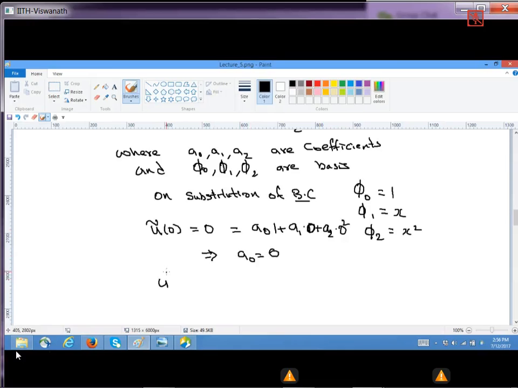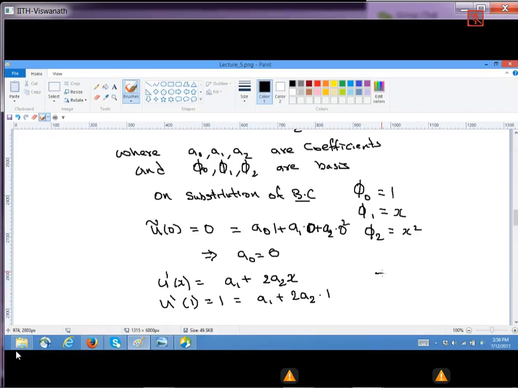Similarly, u dash of x is equal to a1 plus 2a2 x. But we know that u dash of 1 is equal to 1, which implies a1 plus 2a2 into 1.